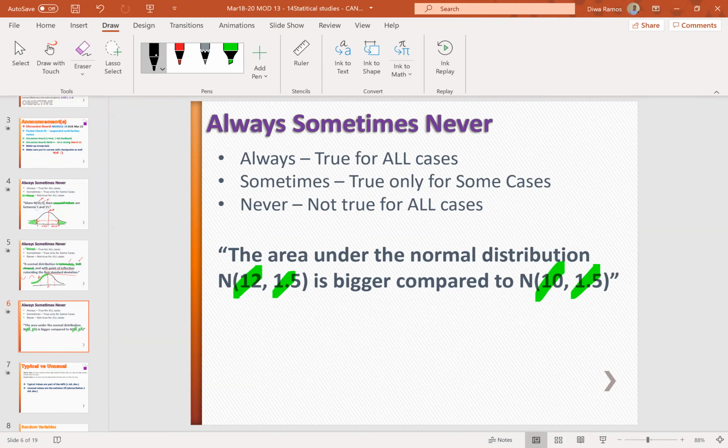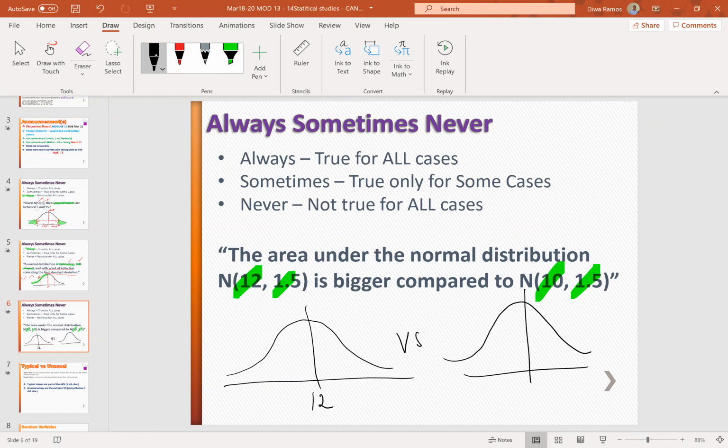Will it be different? If you have a normal distribution centered at 12 versus one with a smaller center, will the area here be bigger than the area there?